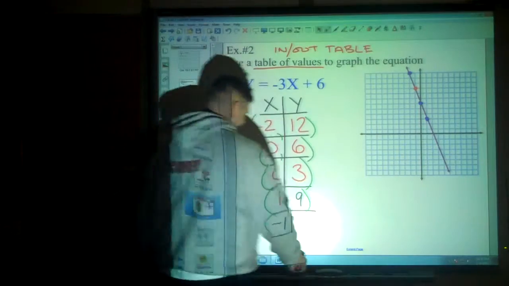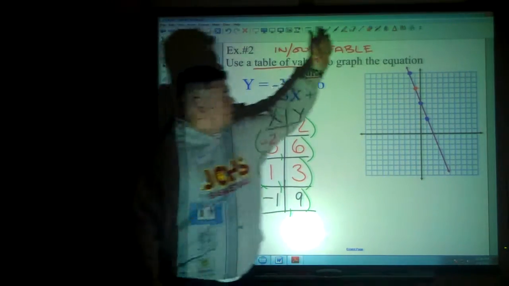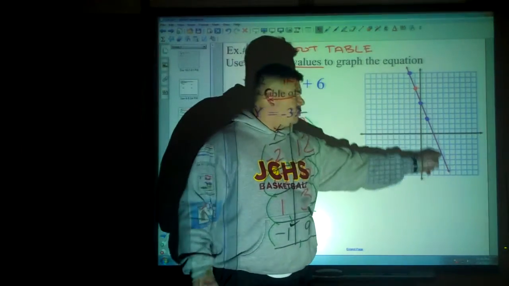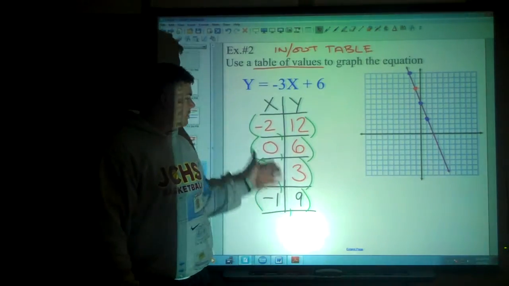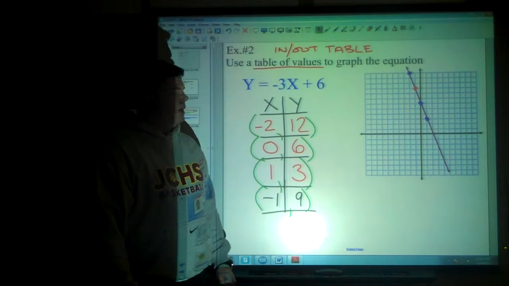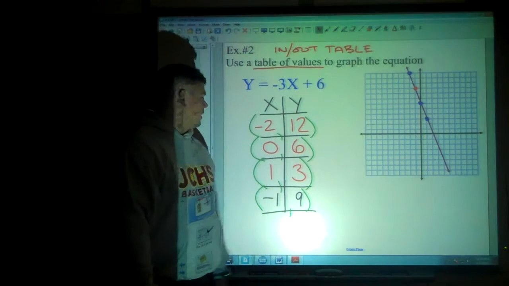I'm right on the graph. Any coordinate that I get from here should be on that purple line. Unless I've made some mistake with my input-output table, it should produce a nice straight line. That's the key. Got to have straight lines.